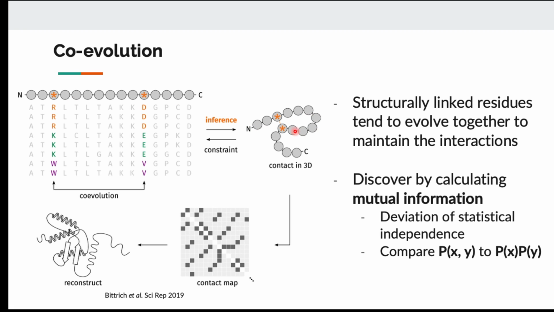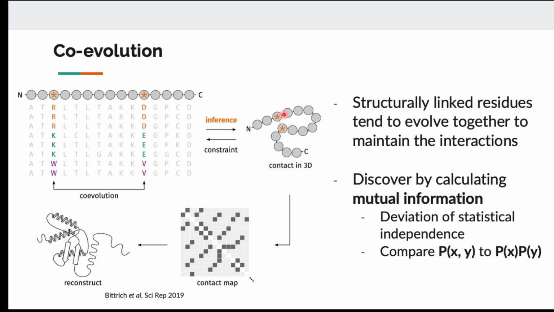And this can be measured, for example, by calculating the mutual information. You might not be familiar with mutual information, but the idea is that if these two residue positions do not interact with each other, a mutation in one location shouldn't affect, in any way, shape or form, the mutation of the other.